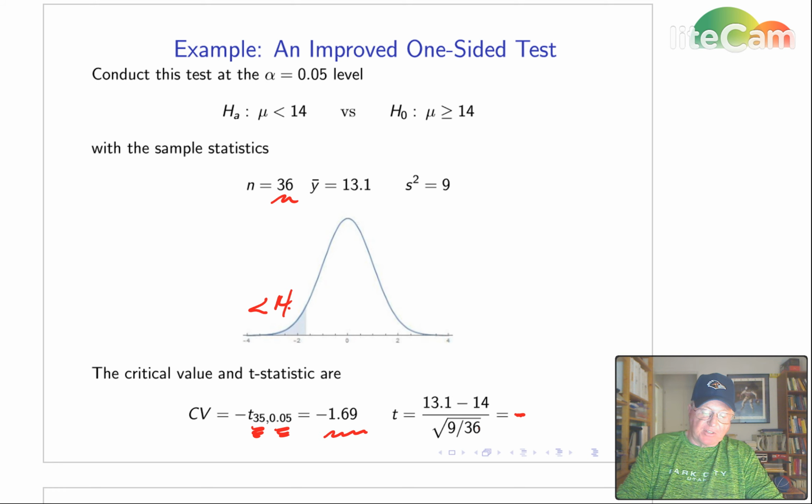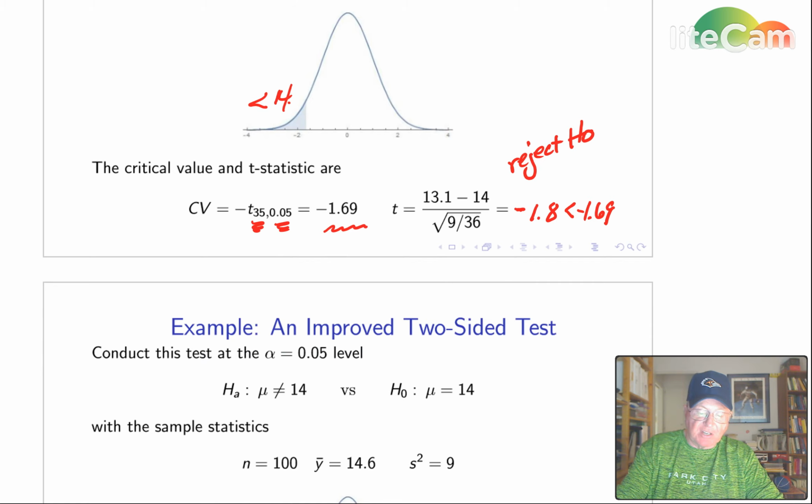Square root of 36 is 6, and the square root of 9 is 3, so that's 2. 2 times minus 0.9 is minus 1.8, and we see that we reject the null, since this is less than minus 1.69.